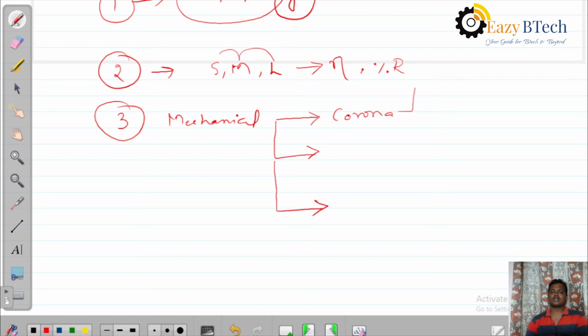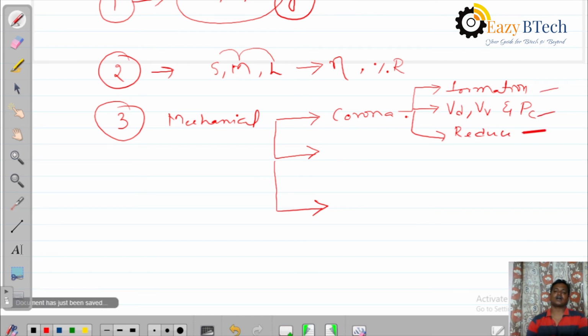In corona, we will discuss what is meant by corona, formation of corona, and what are the characteristics of corona. That means critical disruptive voltage, visible voltage and power loss due to corona formation. And also we will discuss how to reduce this corona loss in overhead transmission systems. Those topics we have to discuss in corona.